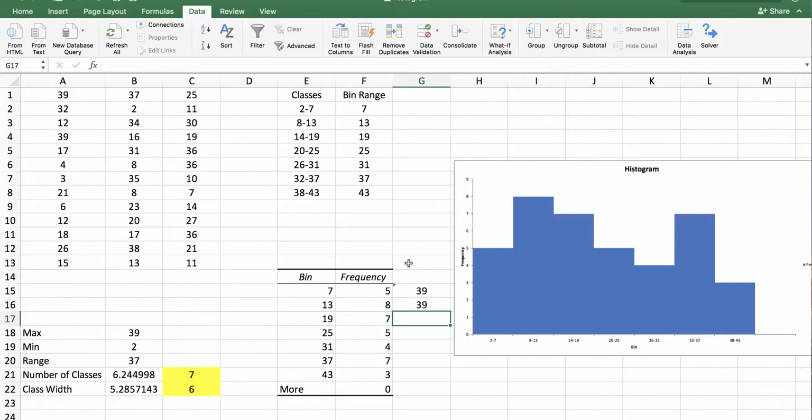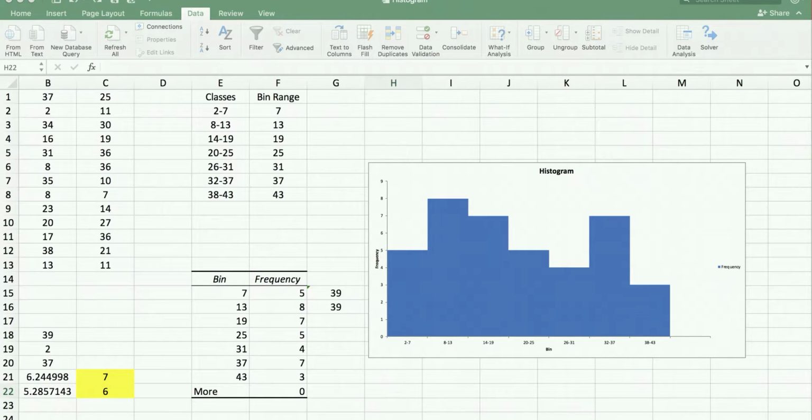Okay. After we plot our histogram, next thing we will do is to identify the shape of the distribution. Okay, so like we talked about earlier, do we have a left skewed, right skewed, or symmetric data? Okay, so if we look at the histogram, you can see that a large number of values appear in the left-hand side of the histogram.